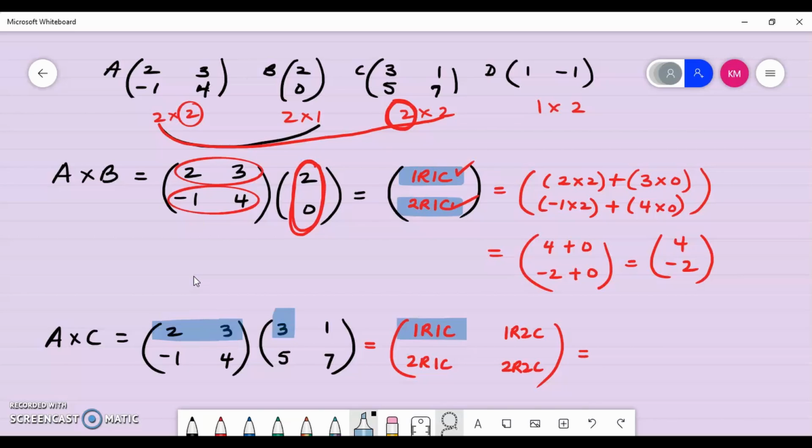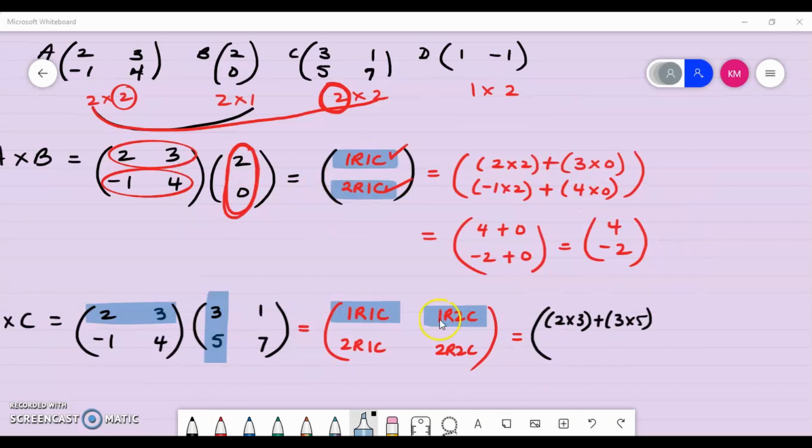So now it means that I will multiply 2 by 3 and 3 by 5. So here 2 by 3, add 3 by 5, and that's my first element.